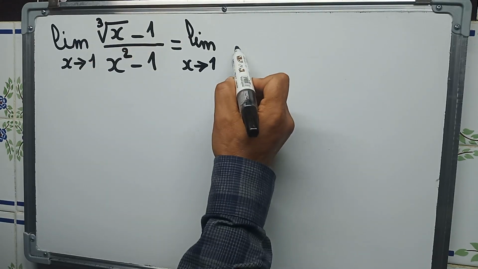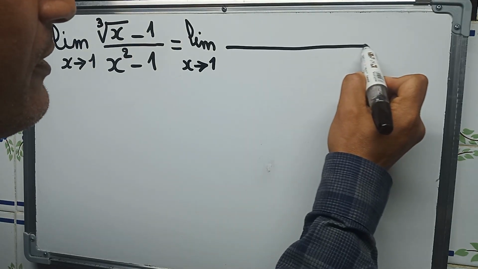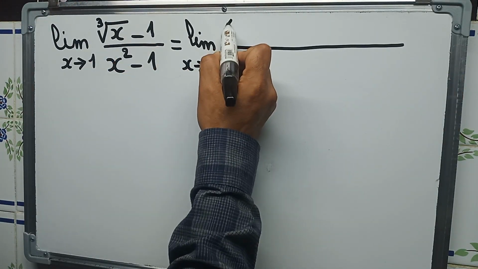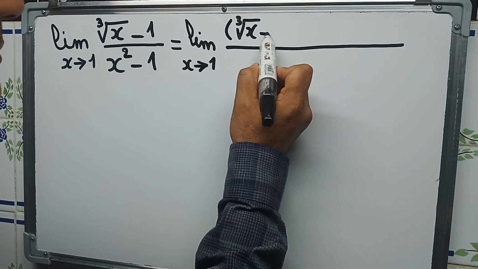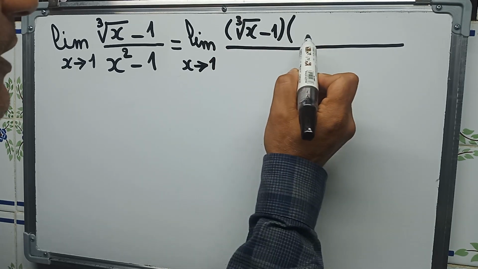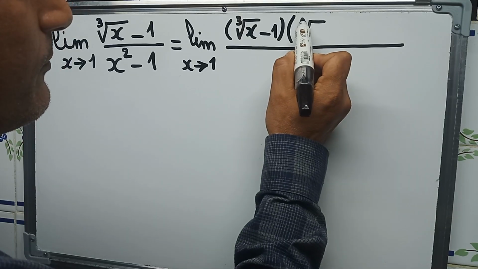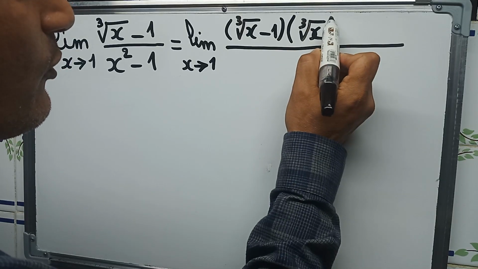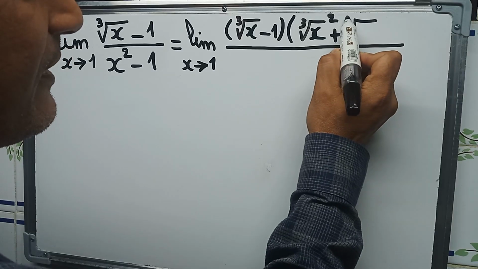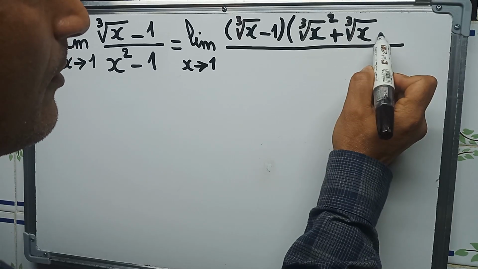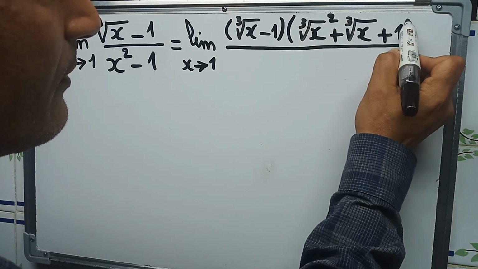Here we multiply by this number: cube root of x minus 1 multiplied by (cube root of x squared plus cube root of x plus 1).